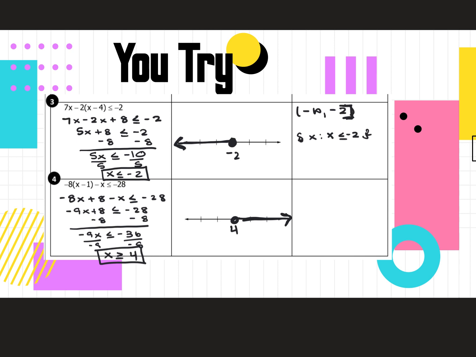So the same here for number 4. 4 is included in our solution set, so we're going to use a bracket. And we're going from 4 to infinity, so we have a bracket and an open parenthesis. And then for our set notation, we have x, where x is greater than or equal to 4.